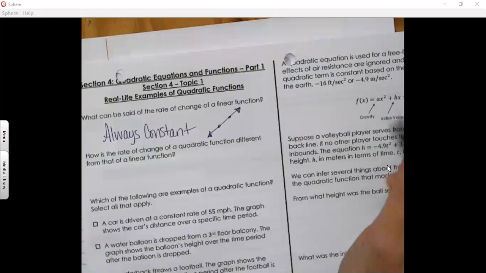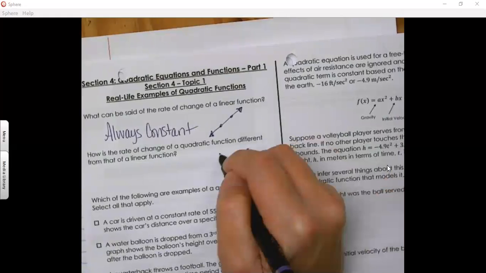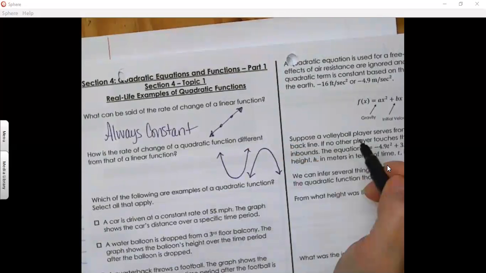So how is the rate of change of a quadratic function different than that of a linear function? Well, we know the graph of a quadratic is a U shape that either opens up or down. Do you think the rate of change for a quadratic function is always constant?